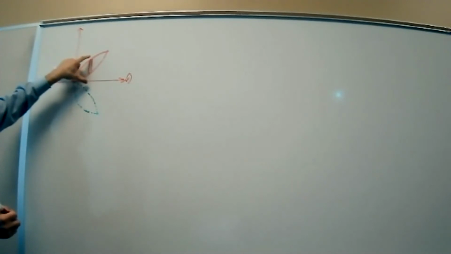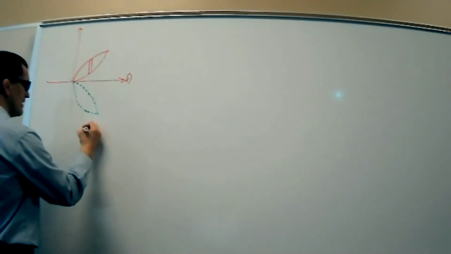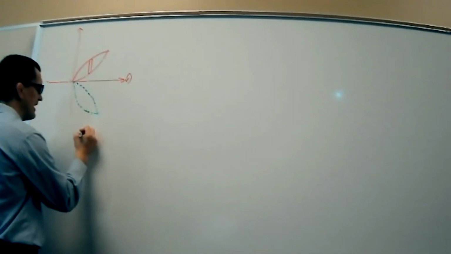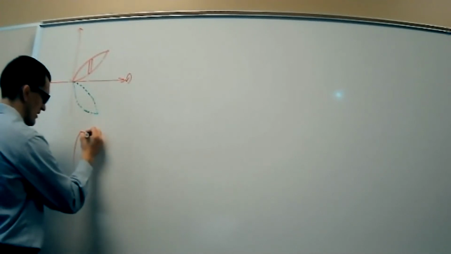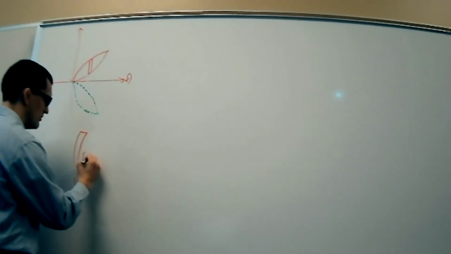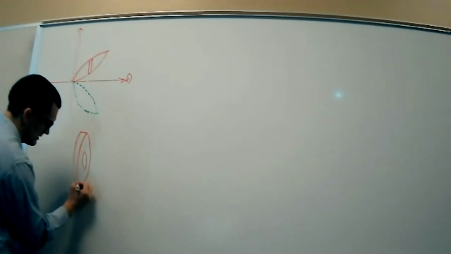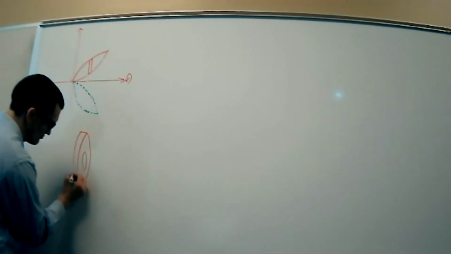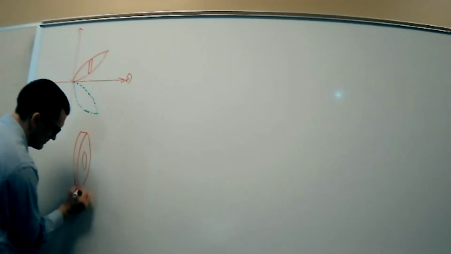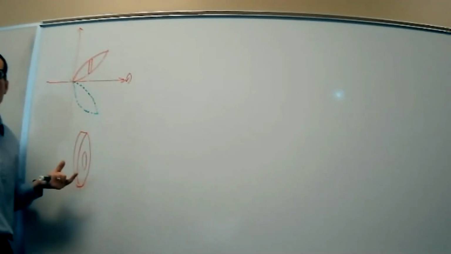In other words, when we take this rectangle that we want to rotate around, what's happening is we're creating sort of like a disc, but with a hole in the middle. I didn't draw that very well. That's okay. We're creating a washer.